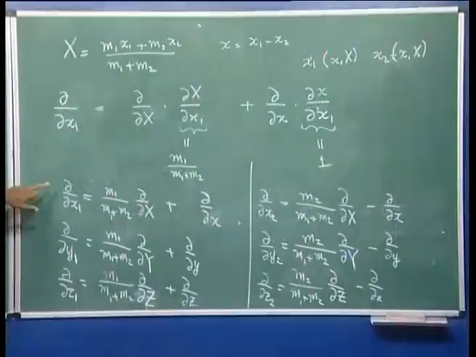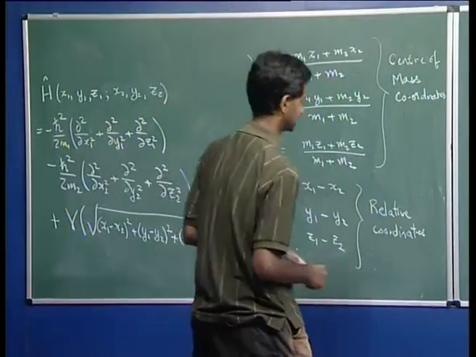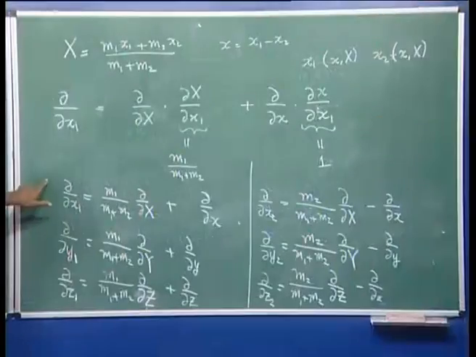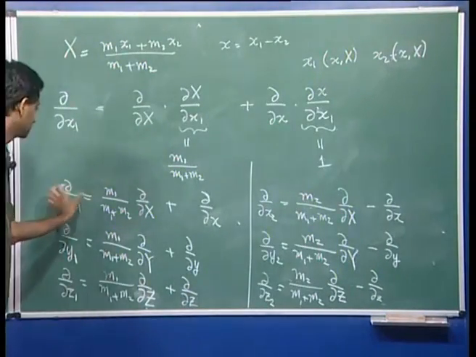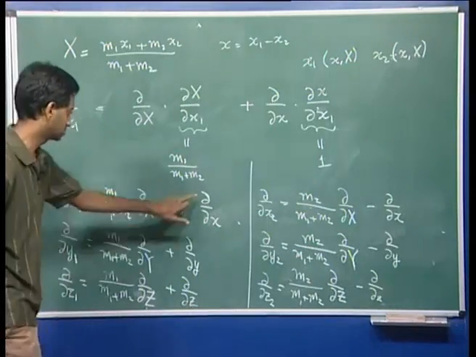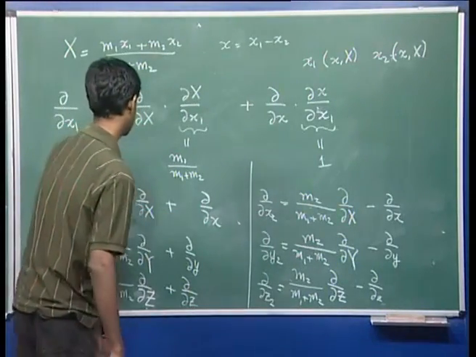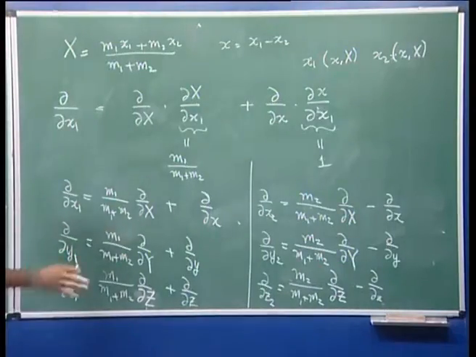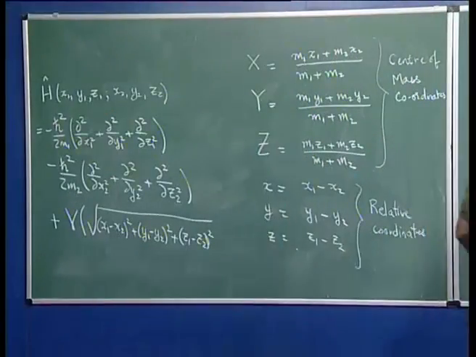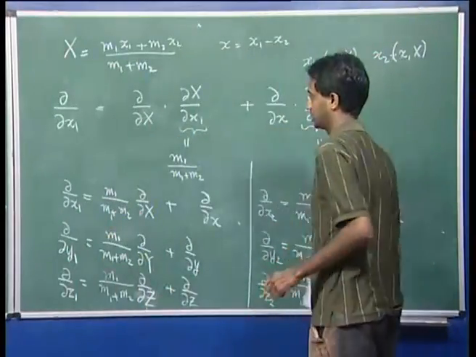This gives us the first derivative. Now, the next task is to calculate the second derivative with respect to x1, and if you do that, you will see that you have two derivatives with respect to capital X, two derivatives with respect to small x, and one derivative which mixes capital X and small x. So, let me do that next.